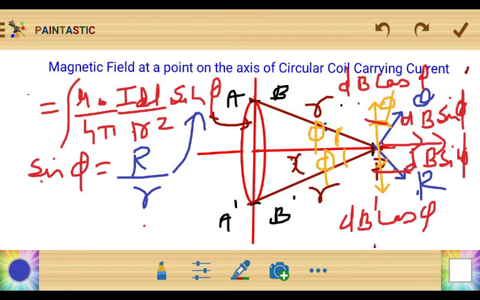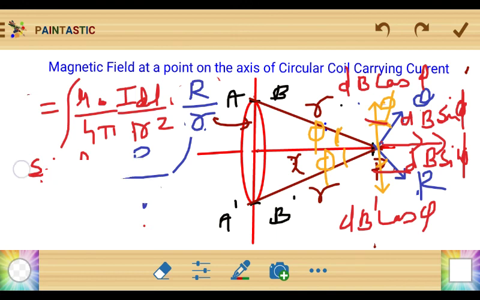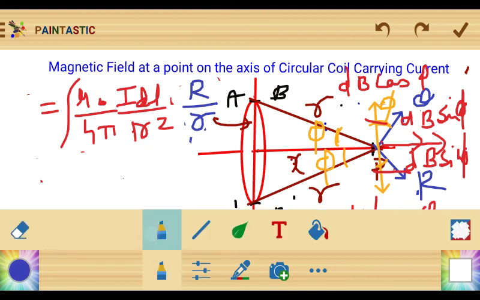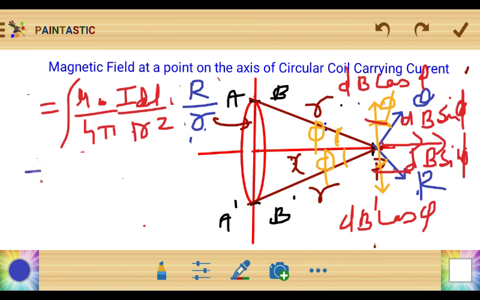So in doing that, simply substitute over here, R upon r. Now further, you can take out the common terms.